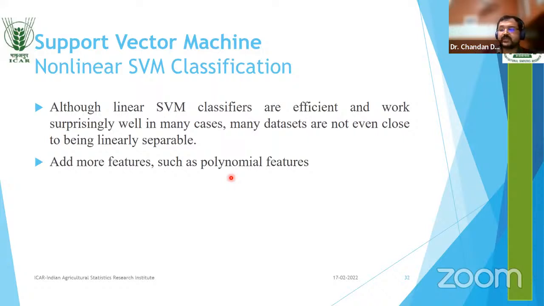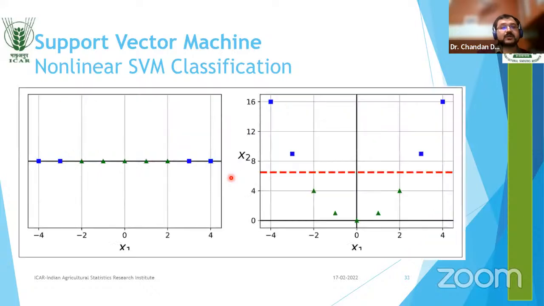So that was linear classification, for when your data is linear, but it can also be used for nonlinear classification. For nonlinear classification, how can we add some features?